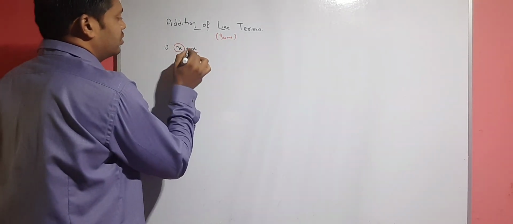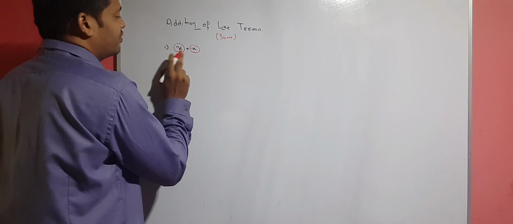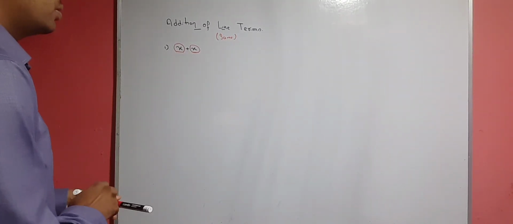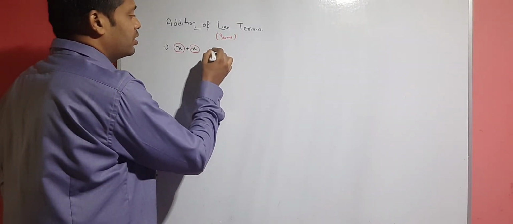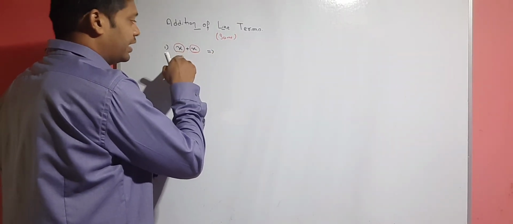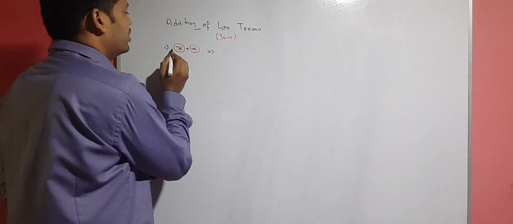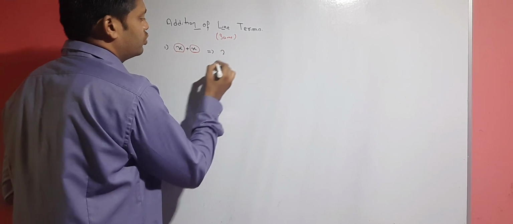So the first term and the second term, these two terms have only x as a variable, no constants. So now can I add them up? Yes, because they are similar terms, like terms. So like terms can be easily added up. So that's how to add. Nothing is there means 1, nothing is there means 1, so it will be 2x.